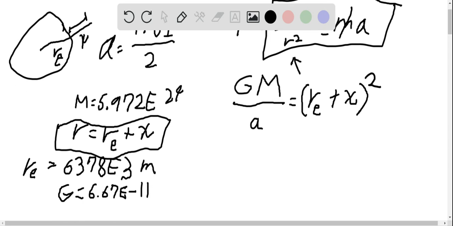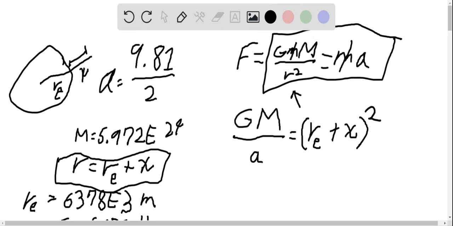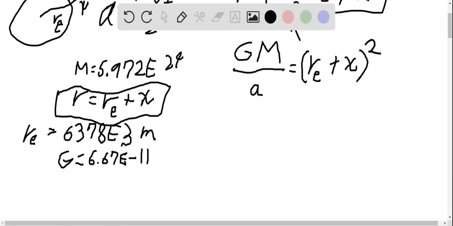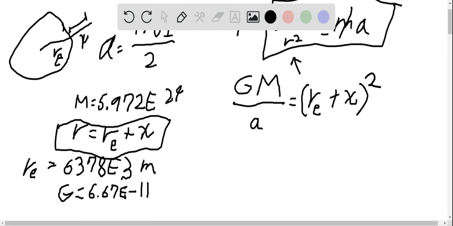Okay, so GM over a we can find because we have defined our constants. X right here is what we want.